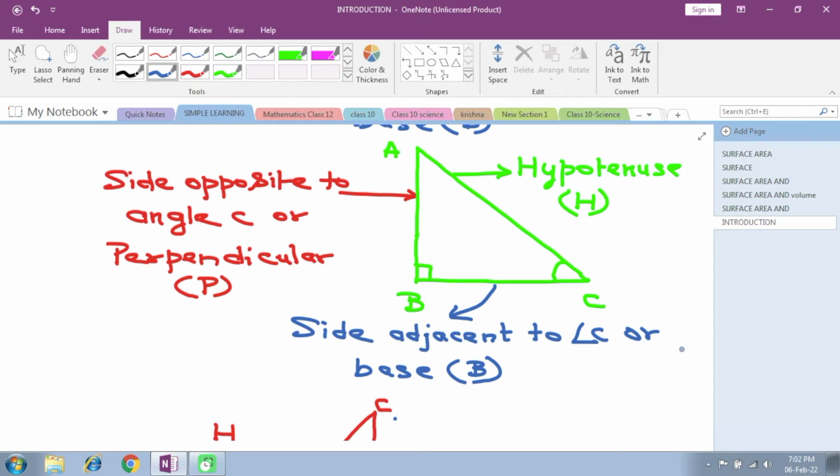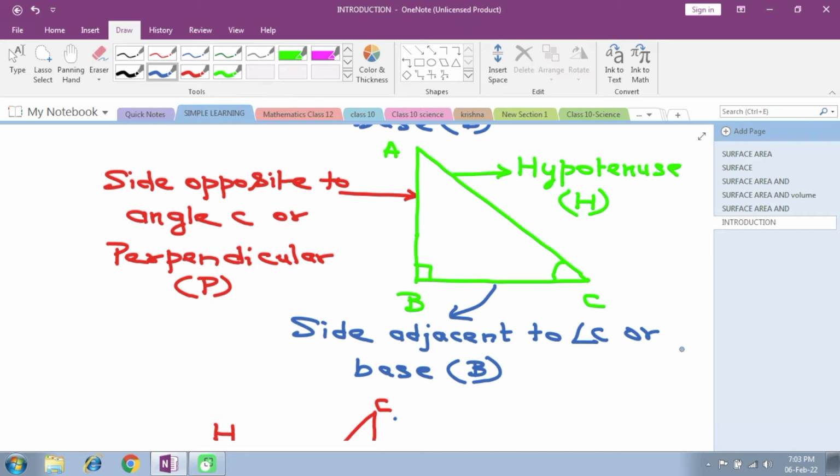So I have to be very particular when I consider a side as a perpendicular or a base. It can be perpendicular for one angle, but it can be base for the other angle. In this case, AB is the perpendicular for angle C, whereas it was base for angle A.